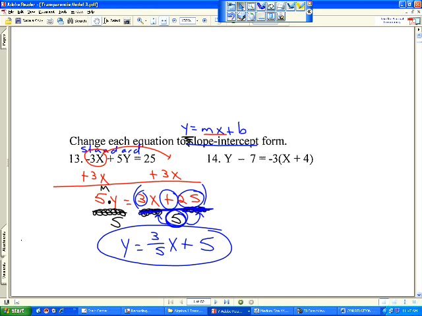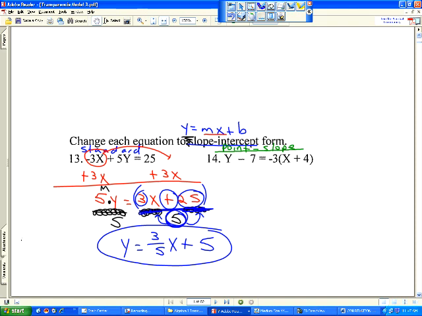Number 14. Number 14, we have y minus 7 is equal to negative 3 times x plus 4. This is in what form? Point slope. This is a part of your rules test memory work.